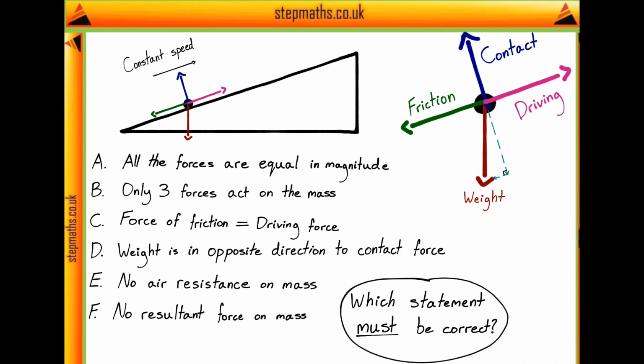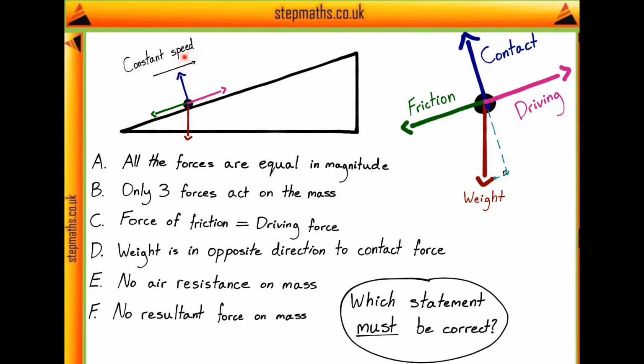Let's go ahead and look at our first statement, statement A, which says that all of the forces are equal in magnitude. Let's look at our diagram and try and compare the forces in the direction perpendicular to the surface. So that is the contact force and the component of our weight coming down perpendicular to the surface. Now, we know that the ball isn't accelerating in this direction at all because it's flat on the surface.